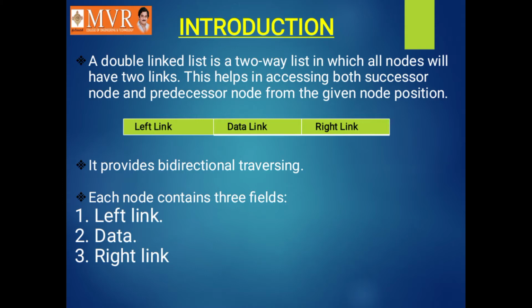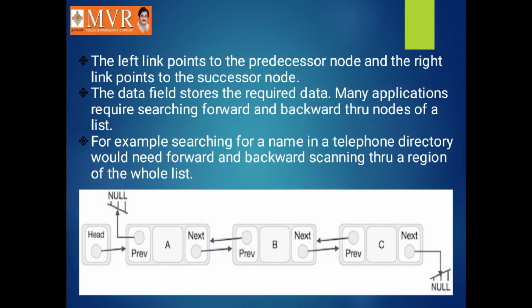In short, a double linked list is a collection of nodes, and these nodes contain three parts. The left link points to the predecessor node, and the right link points to the successor node. Here we have a simple example for a double linked list.